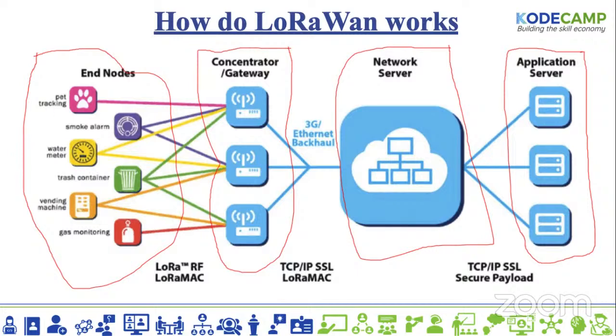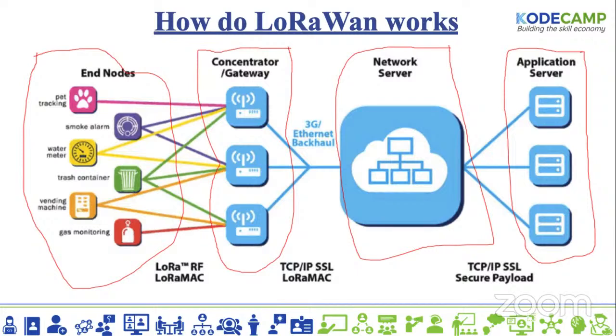Class A devices are bidirectional end devices. Class B devices are bidirectional end devices with a scheduled receive slot.